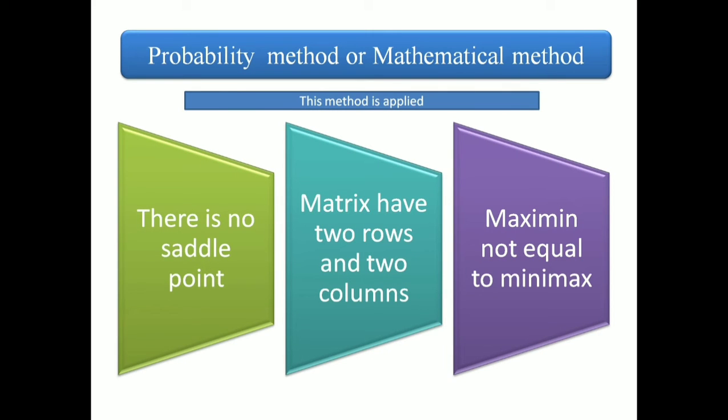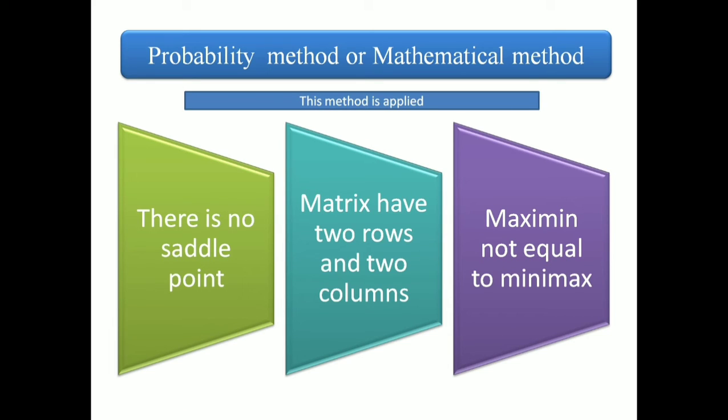These are the situations for the first method, the probability method or mathematical method. The method is applied in three important situations. The first one is that there is no saddle point and the matrix has 2 rows and 2 columns.